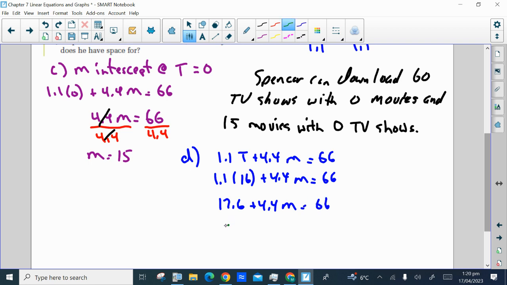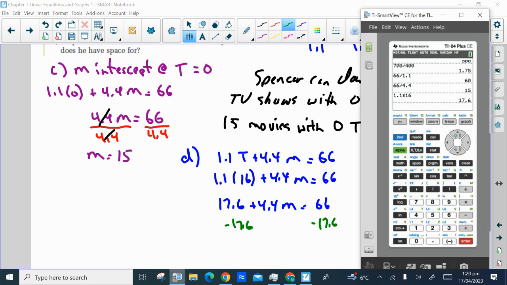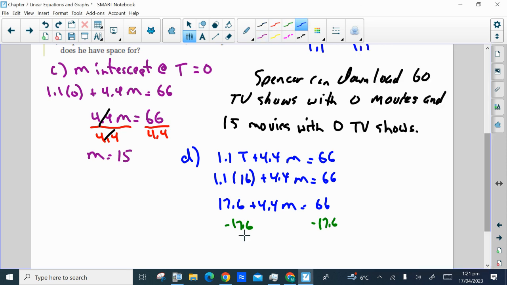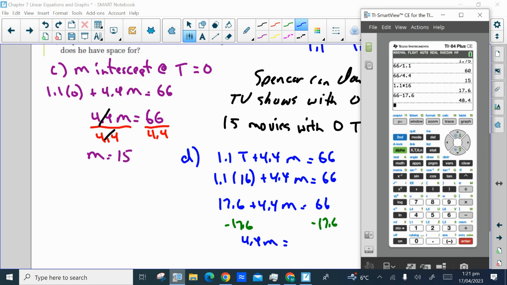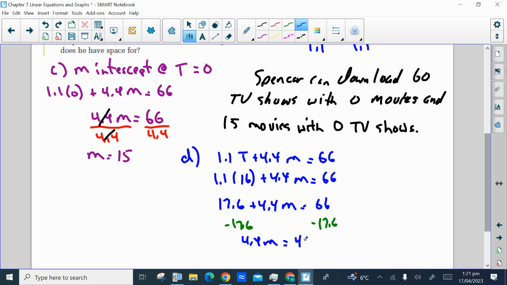We would subtract the 17.6 from both sides, which leaves us with 4.4m on the left, and on the right, 48.4.